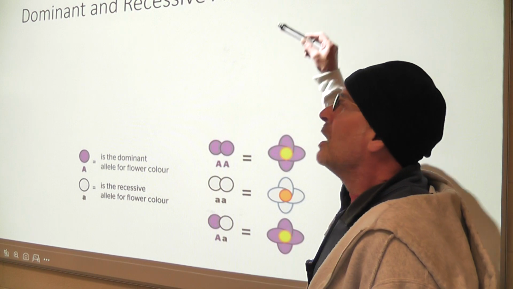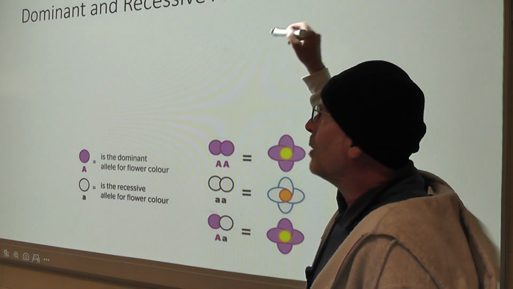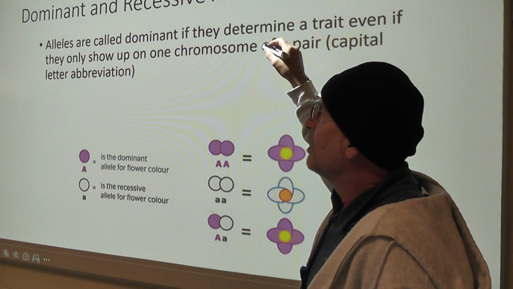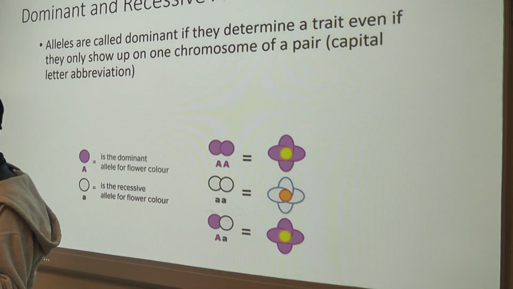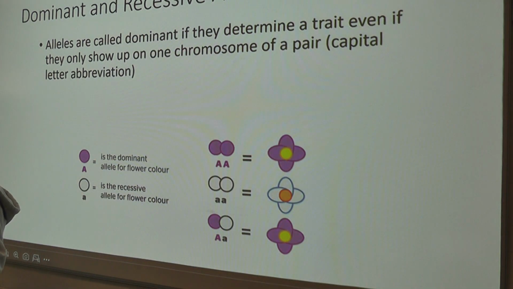All right, so we've talked about alleles. Dominant and recessive alleles come into play because organisms like us that have 2 copies of each chromosome have 2 alleles for every gene. Those alleles might be the same, or they might be different. If they are the same, then whatever characteristic that allele encodes is going to be demonstrated.